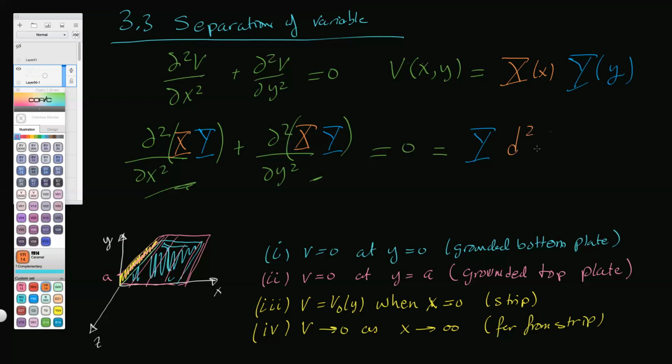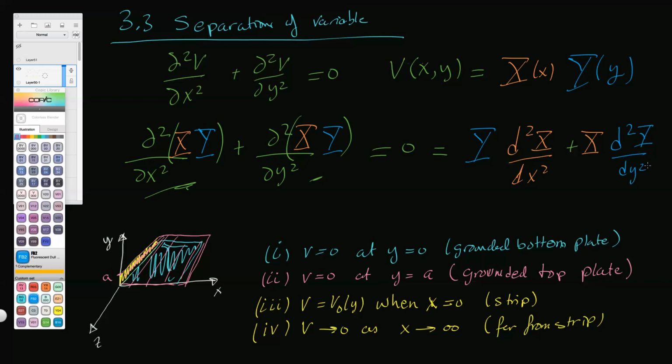So d squared X, dx squared. Notice I changed it to a full derivative because X only depends on x, okay? And then plus, X can come out, and then this becomes a full derivative in blue of the Y function.